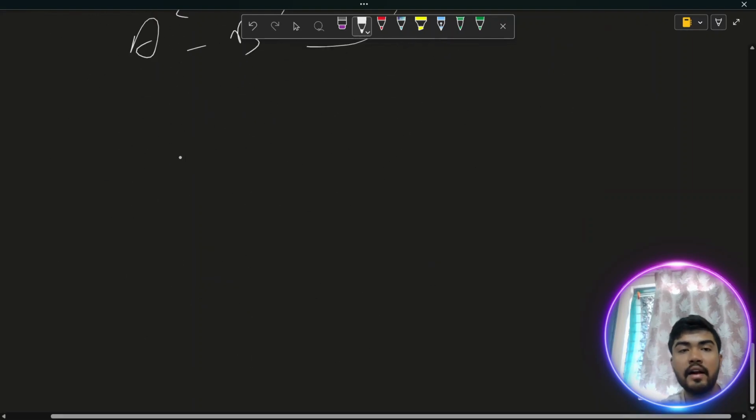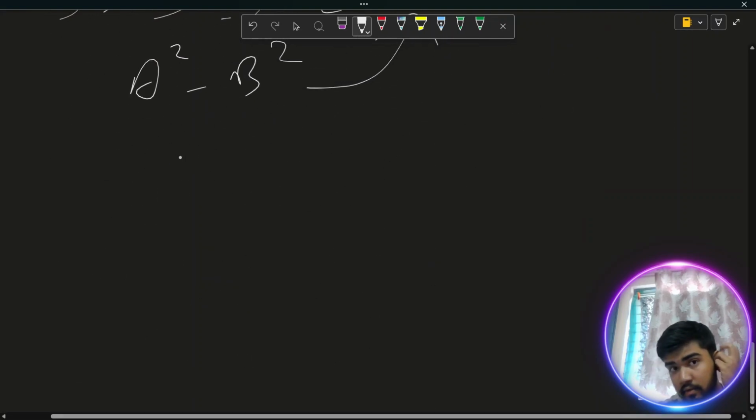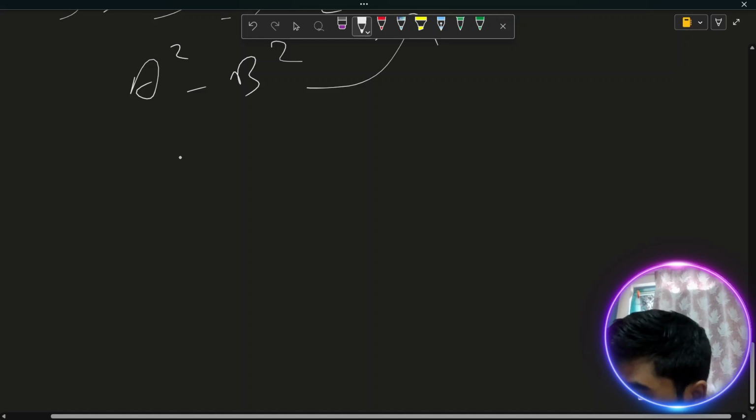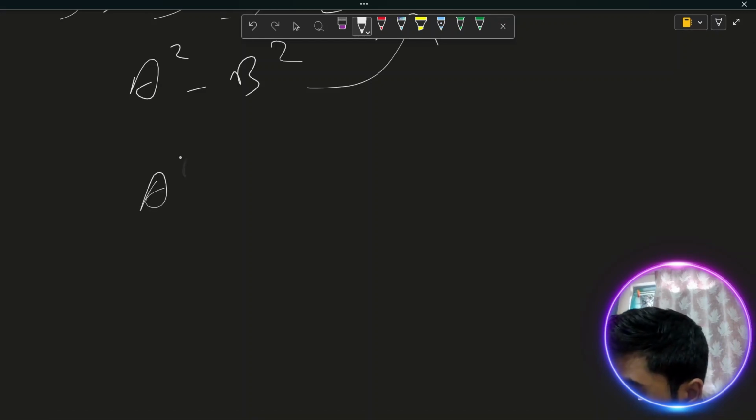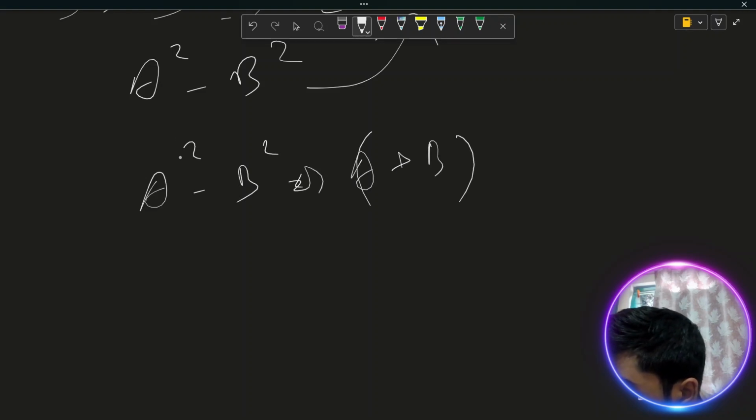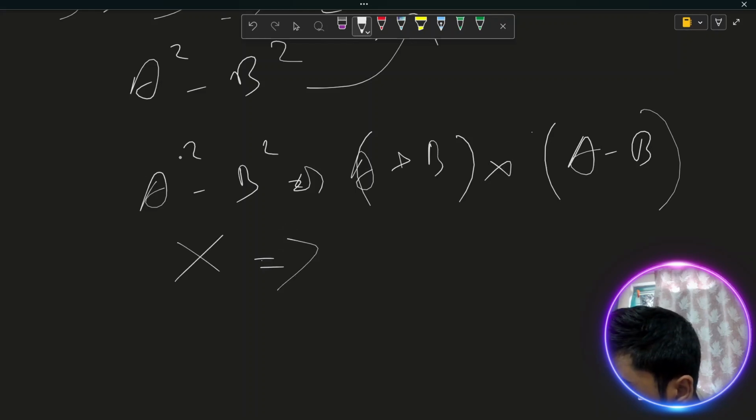Now can we use standard mathematics? I guess so, because we now have a square minus b square, which can be treated as a plus b into a minus b. Let's consider that a square minus b square calculated is x, and a minus b is also calculated.